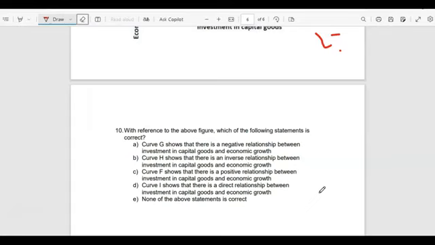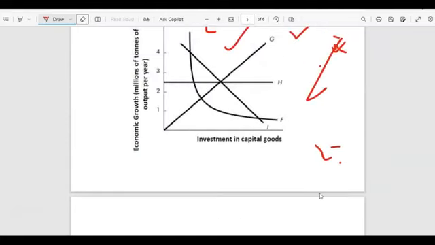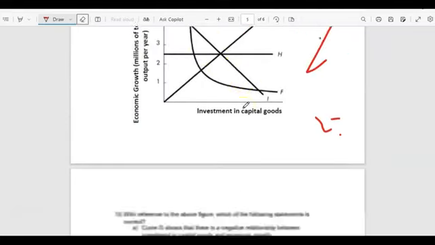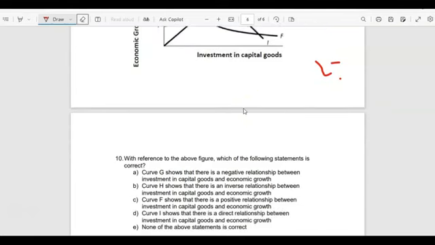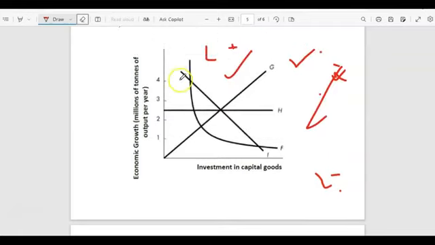I shows the direct relationship between investment in capital goods and economic growth. Yeah, it does show there's a relationship. So the answer is D, because I does show that there's a relationship. It does, because it's a constant slope.